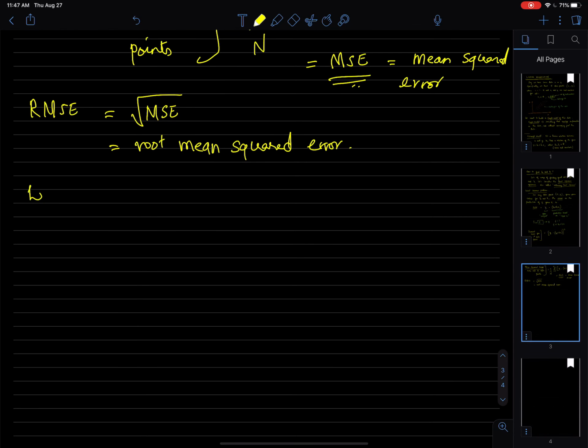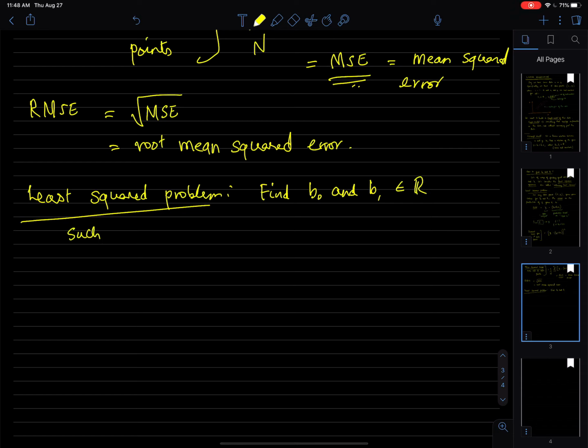So what is the least squares problem? It is to find B0 and B1, which are real valued numbers belonging to R, such that the mean squared error is minimized.